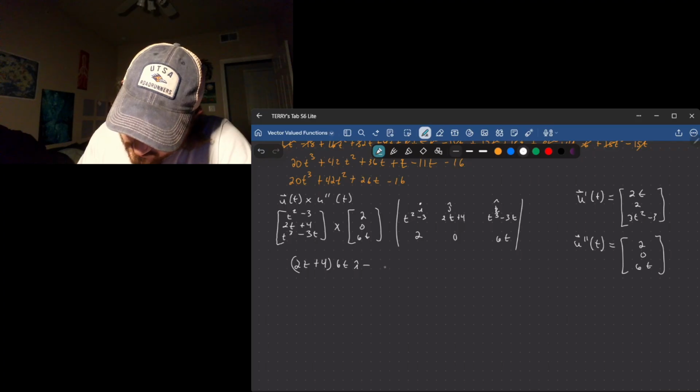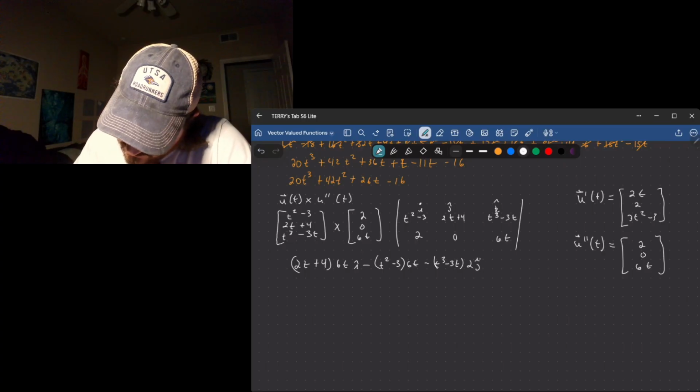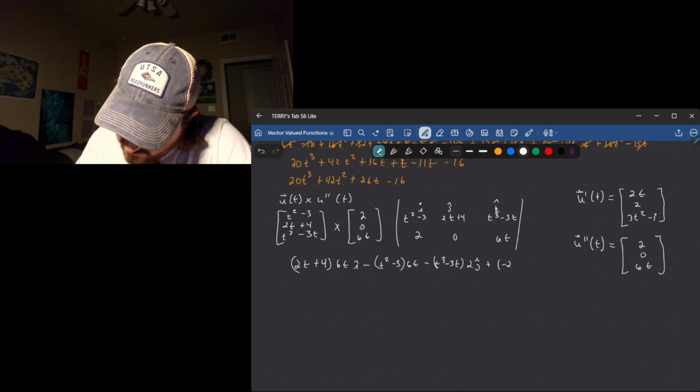So we've got t squared minus 3 times 6t minus t cubed minus 3t times 2, and that's j hat. And then finally we have our k hat. We know this one's going to be 0, so we've just got the negative, I'm going to write negative 2 times 2t plus 4, and that's k hat.